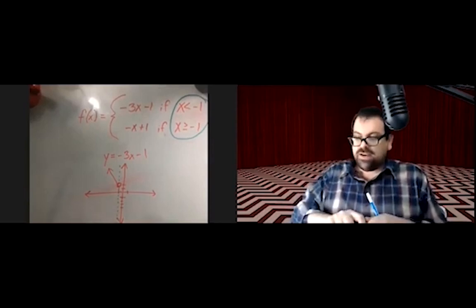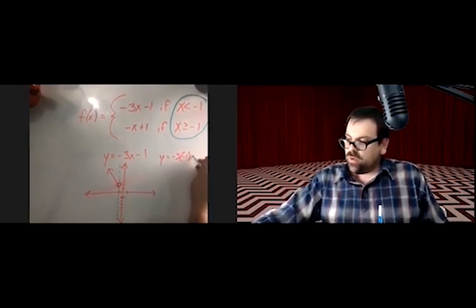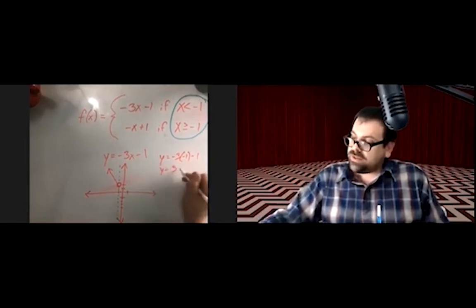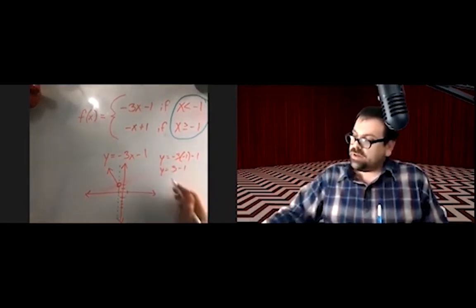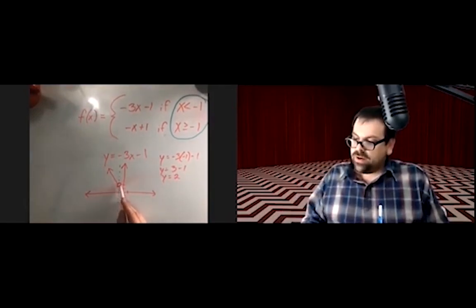If we plug negative 1 in, y equals negative 3 times negative 1 minus 1. Y equals positive 3 minus 1. Y equals 2. When x is negative 1, here at y equals 2, that's where our circle would be.